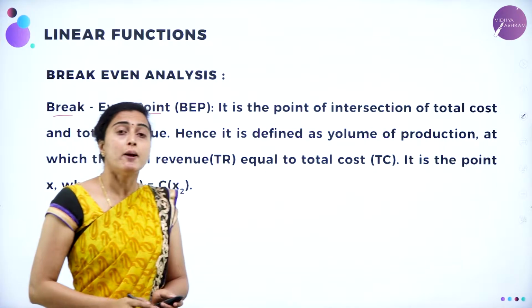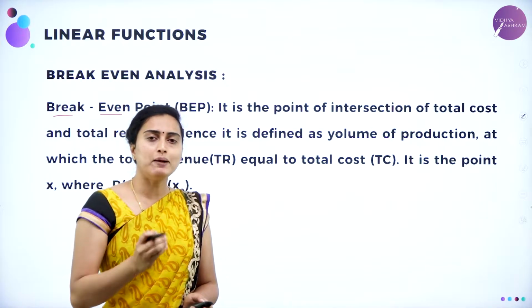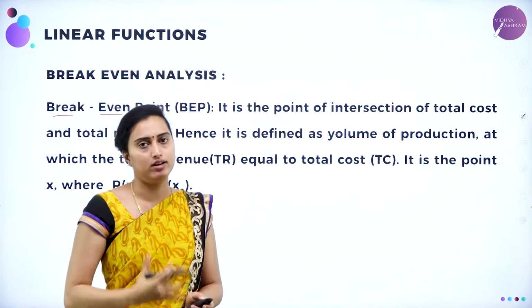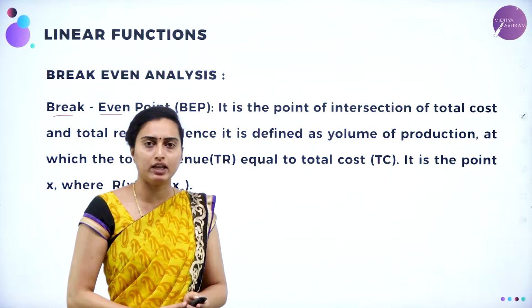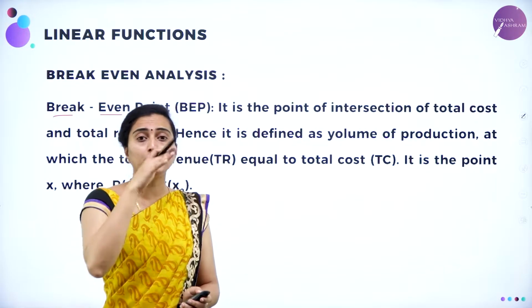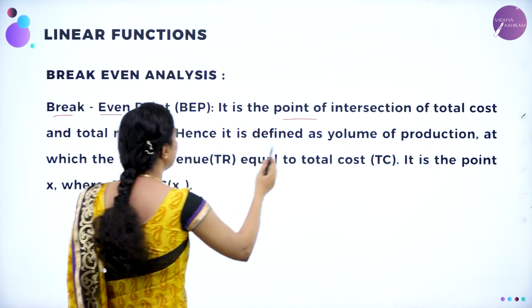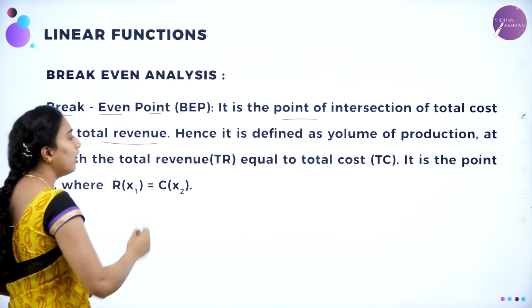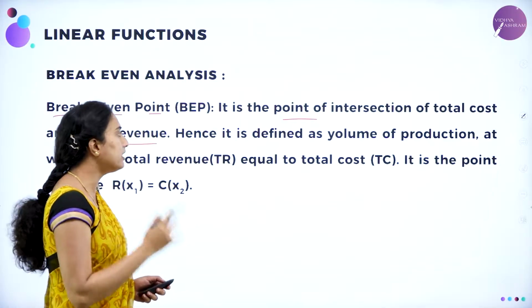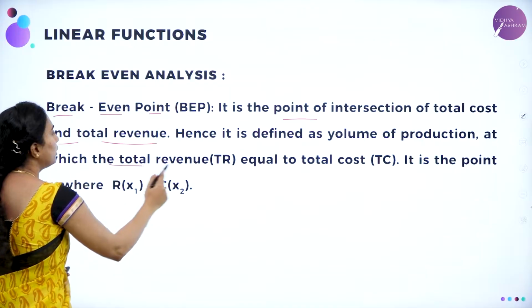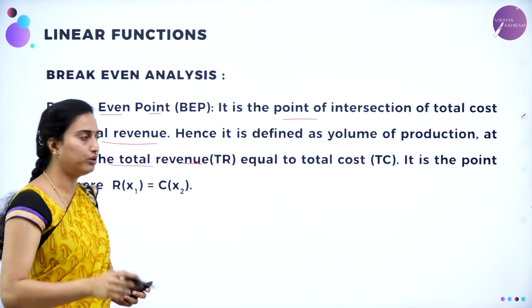As I told you, break-even point means the company neither experiences a profit nor a loss. It is going to be known as a break-even point, which is the point of intersection of the total cost and the total revenue. Hence it is defined as the volume of production at which the total revenue is equal to the total cost.